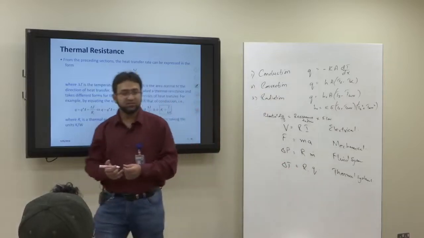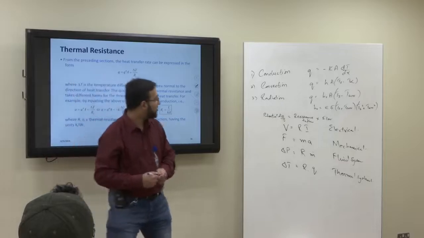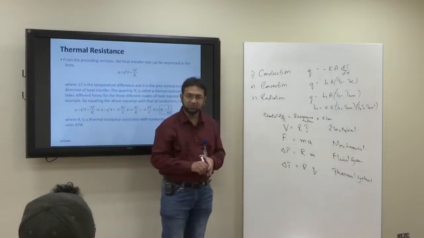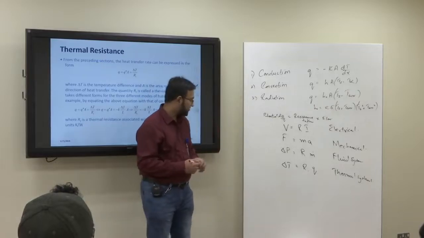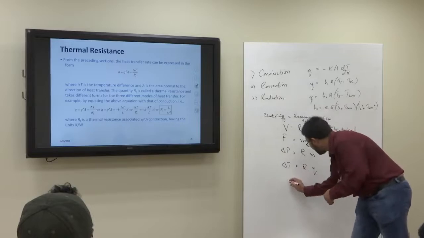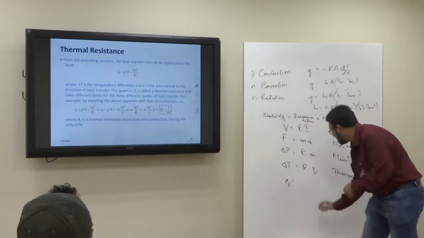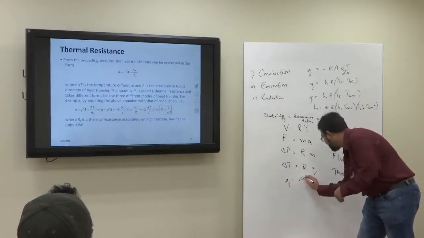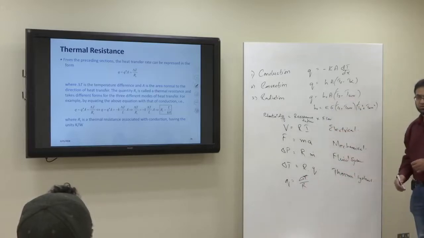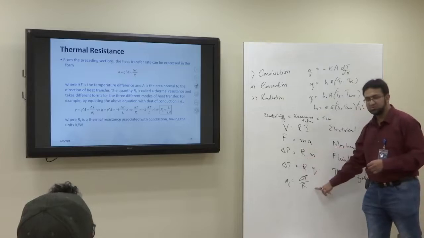Now we can find the resistance in the thermal systems for all the 3 processes. If I want to write it, I can write Q is equal to delta T upon R. I just rewrote the equation.